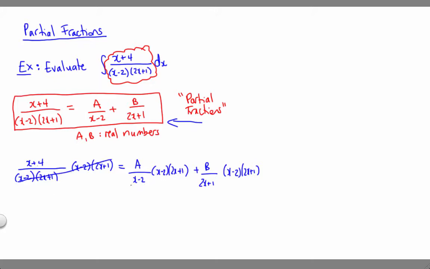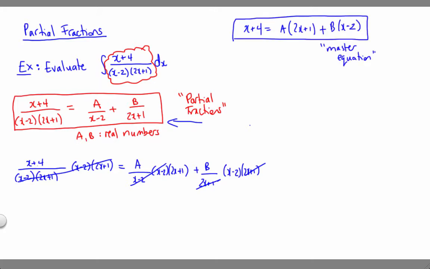On the right side, we get a factor of x minus 2 canceling in the first term, and a factor of 2x plus 1 canceling in the second term. So what we end up with is a much nicer looking equation: x plus 4 equals A times 2x plus 1 plus B times x minus 2. We'll call this the master equation, and we're going to use this to find those numbers A and B.